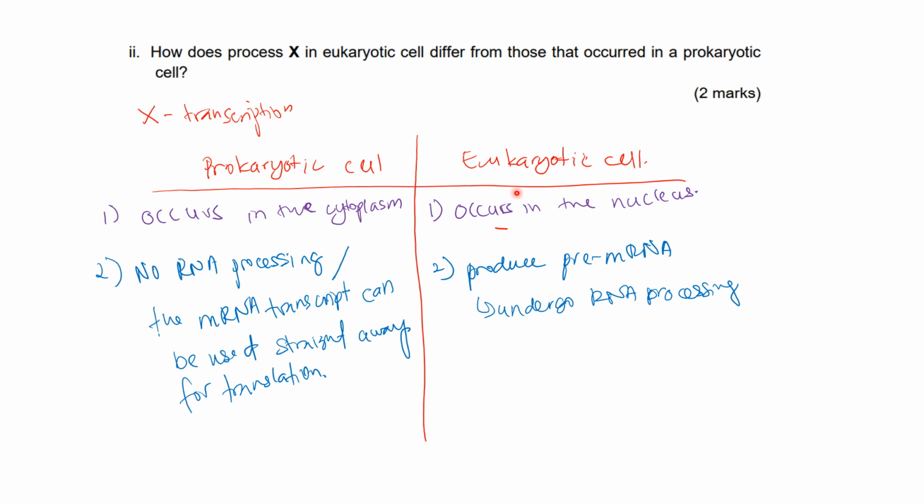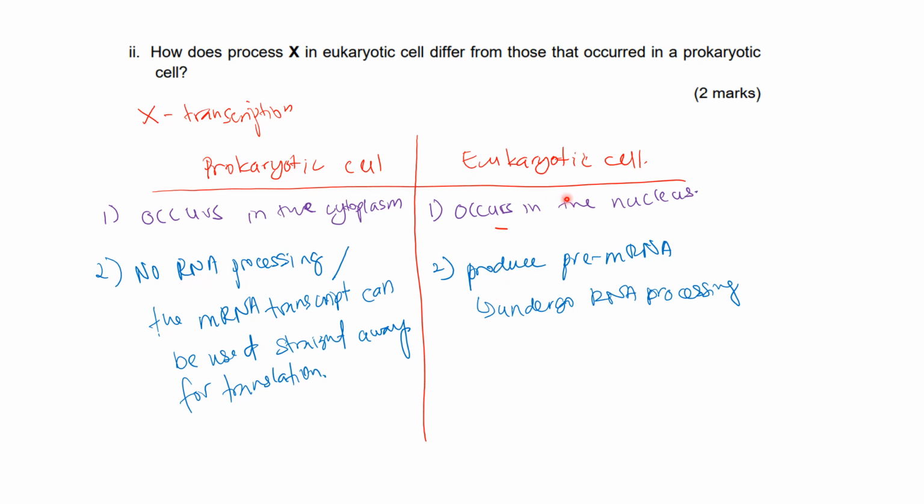For eukaryotic cells, transcription occurs in the nucleus, and for prokaryotic cells, it occurs in the cytoplasm. That will give you the second mark. Or another correct answer is that the transcription that occurs in eukaryotic cells has to undergo RNA processing.